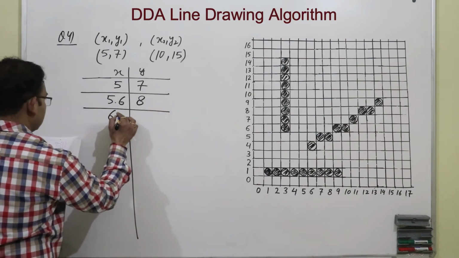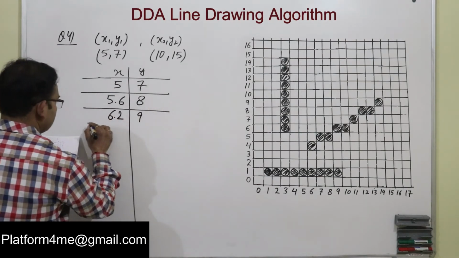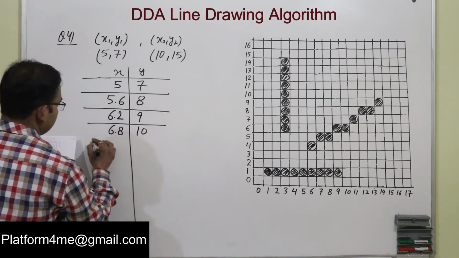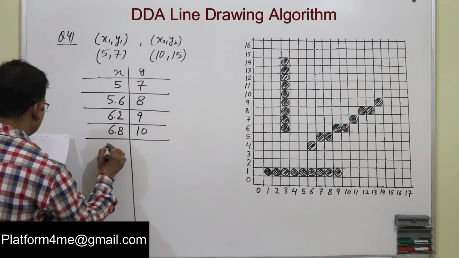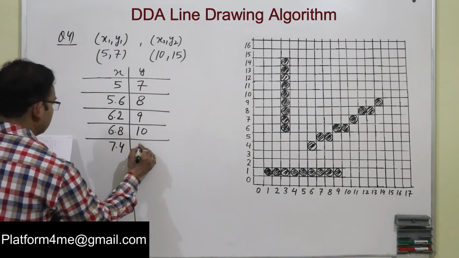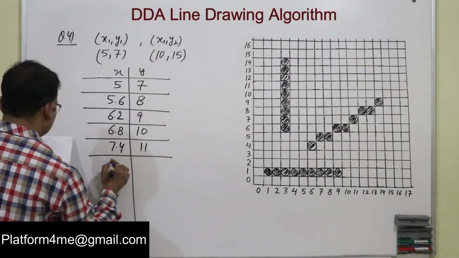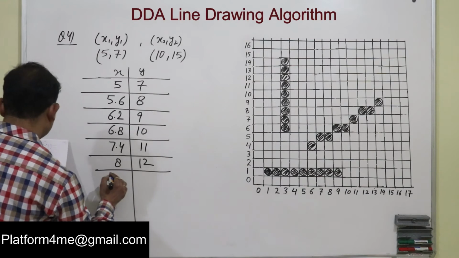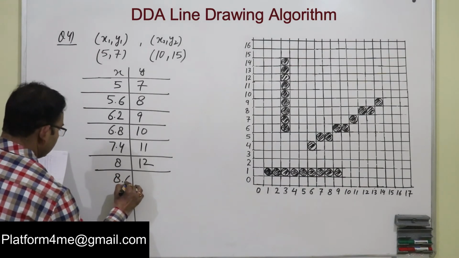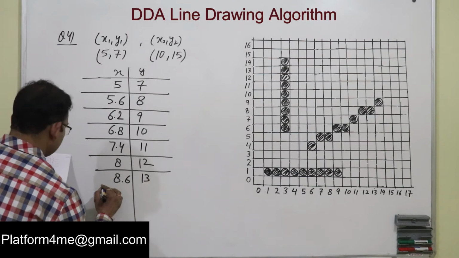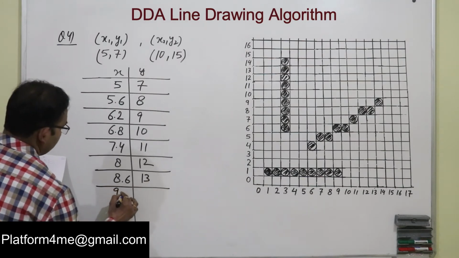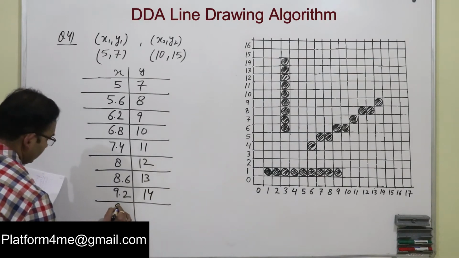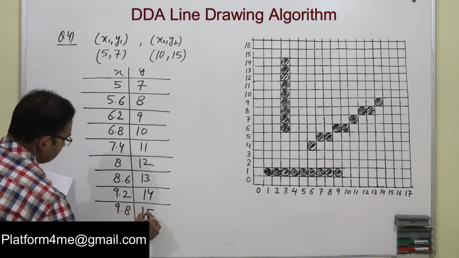Then 6.2, 9, 6.8, 10, 7.4, 11, 8, 12, 8.6, 13, 9.2, 14, 9.8, 15.